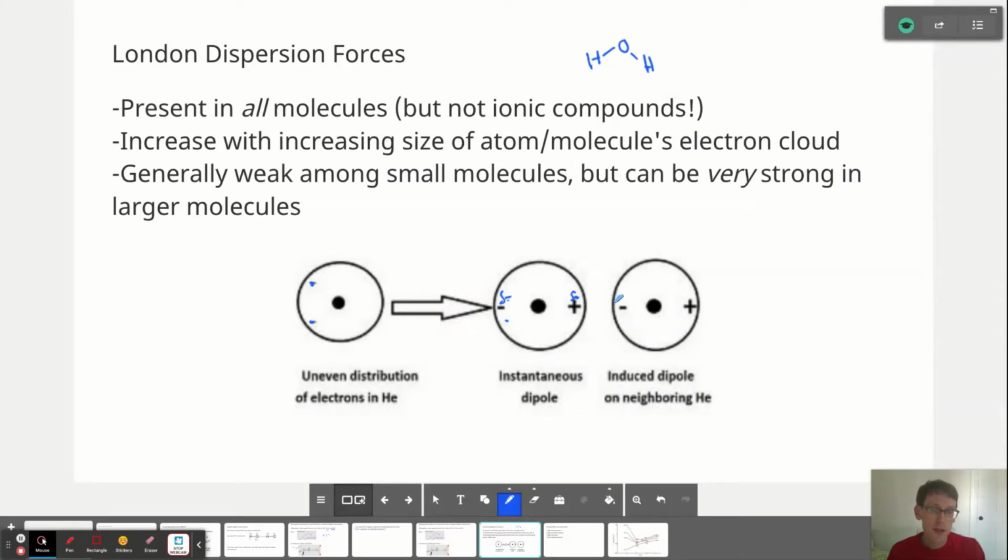And as a result, that's going to cause a nearby helium atom to have its electrons move closer to the partial positive on the adjacent atom, and that causes an asymmetric distribution, at least for a moment, in that atom.